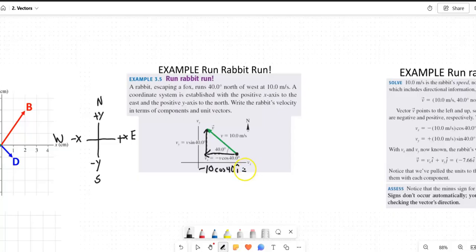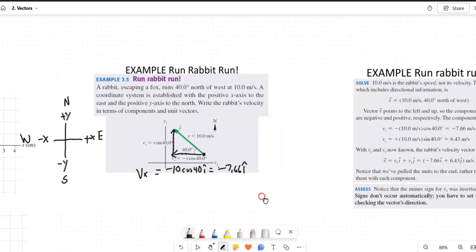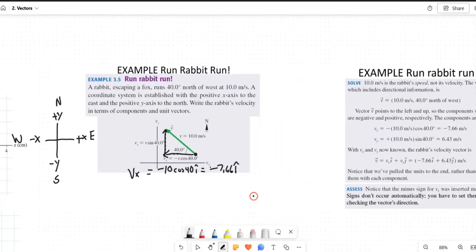So the x direction component vector, Vx, is negative 10 cosine 40 degrees I hat. Or in other words, cosine of 40 degrees is 0.766. So this is going to be negative 7.66 I hat. Okay? And I forgot the units, which is going to be meters per second.